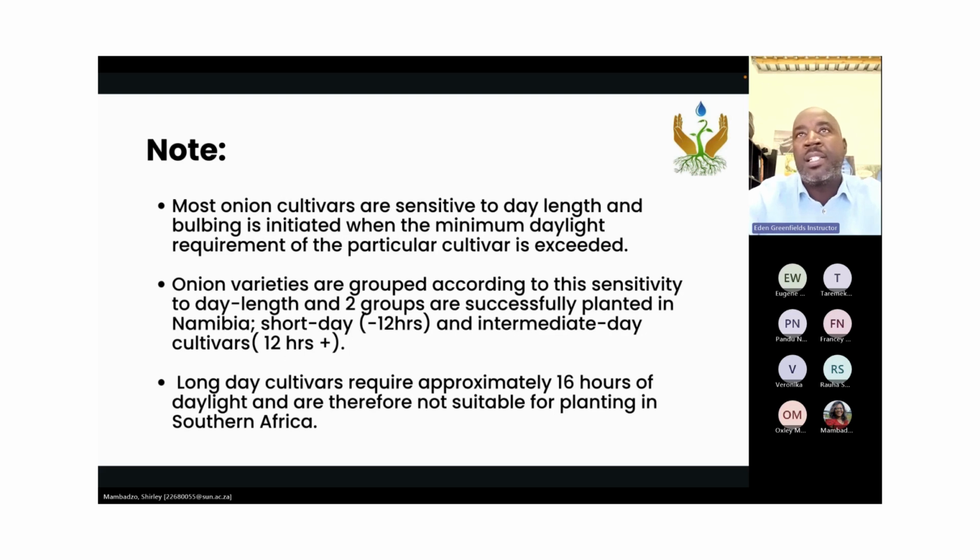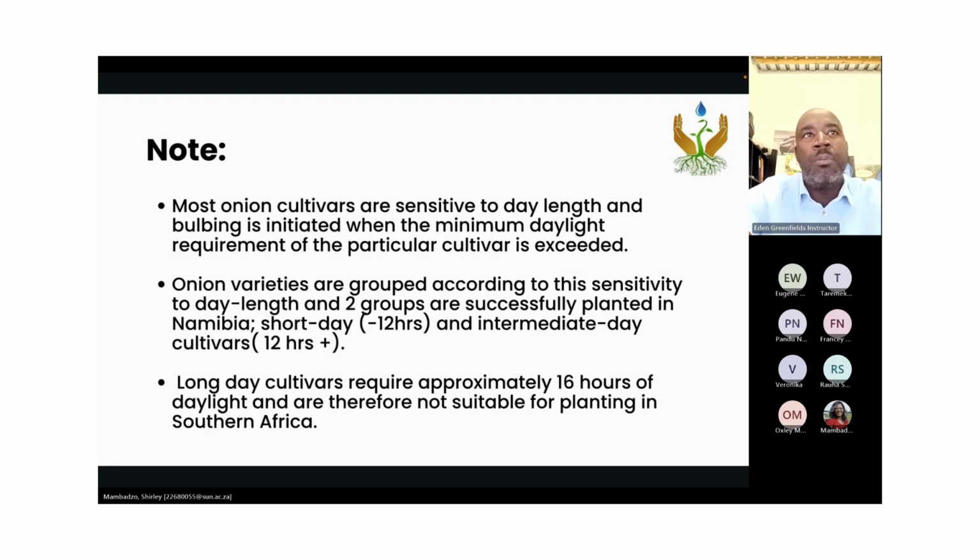So let's take note. Most onion cultivars are sensitive to day length, and bulbing is initiated when the minimum daylight requirement of the particular cultivar is exceeded. So remember, we spoke about the short day cultivars.